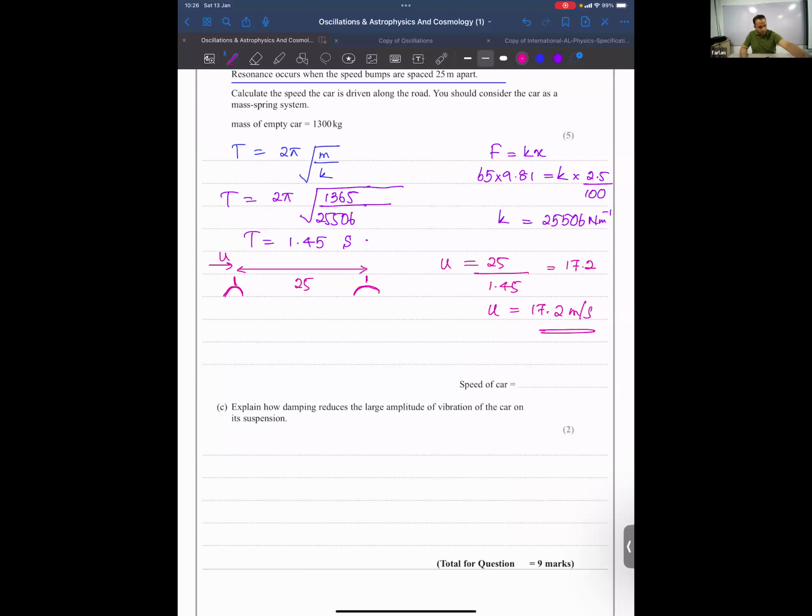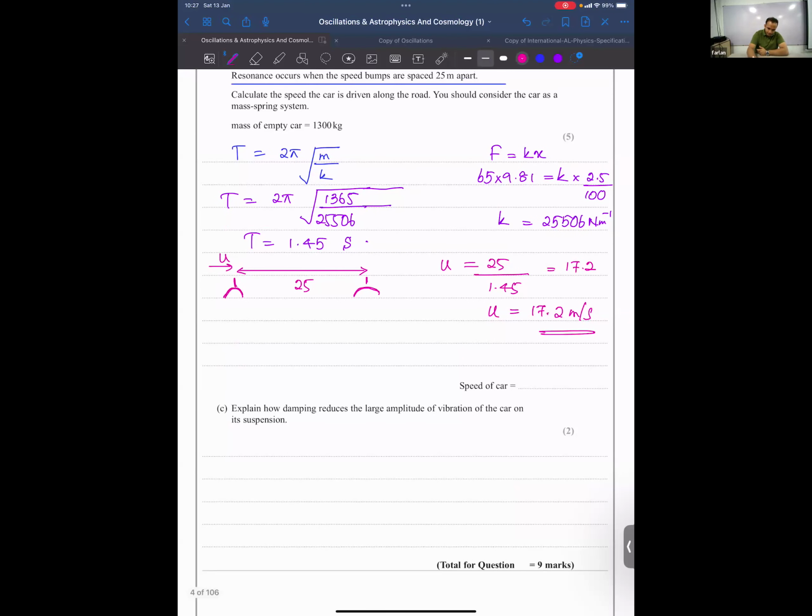The kinetic energy of the car is dissipated to the surroundings. So its amplitude will decrease.